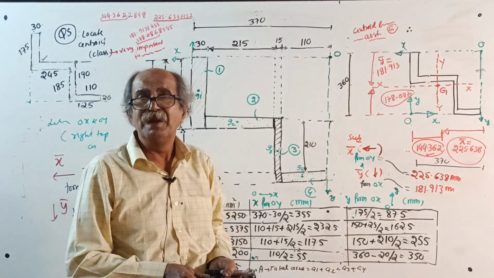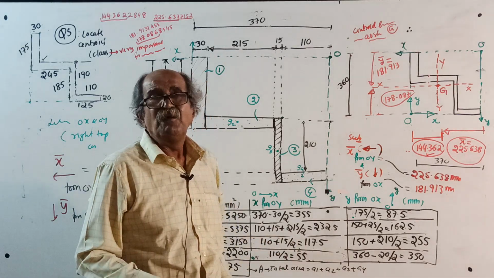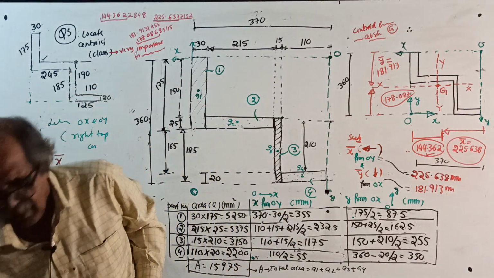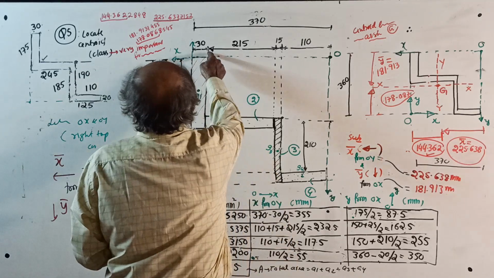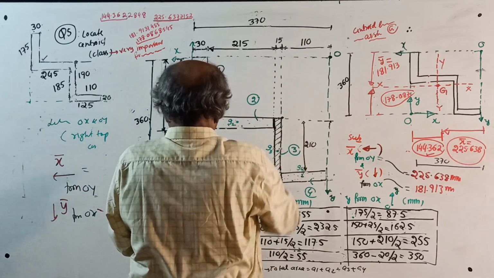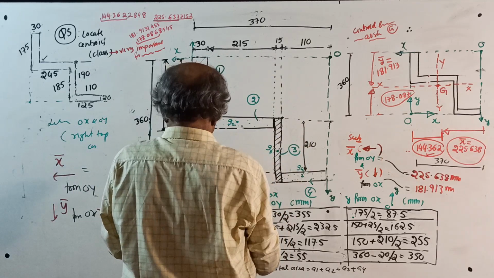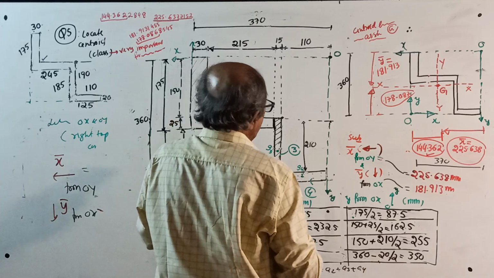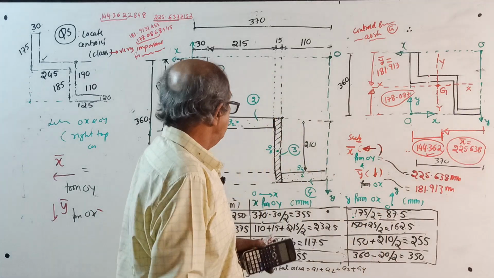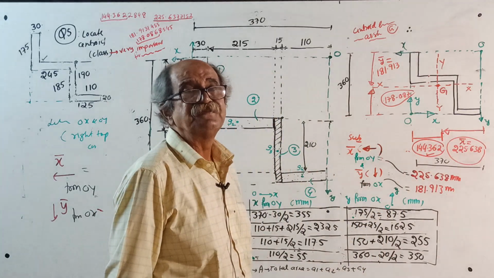Therefore, see, human nature. Actually, when I did the calculation without looking at the table, I got 30 by 175, 30 by 175 into bracket 370 minus 30 by 2. I got the same answer as before. Then when I used the table, I was not getting the answer.